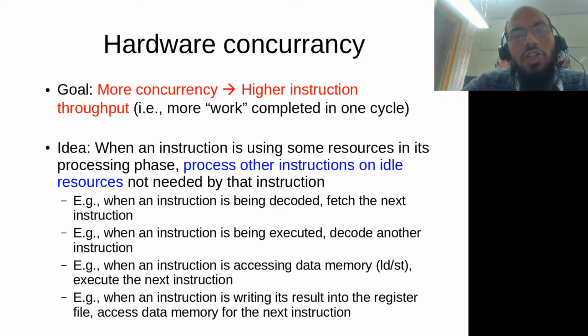So when an instruction is using some resources in its processing phase, you can process other instructions on the idle resources. If right now you're doing execution and fetch is empty, then why not just start fetching? So when an instruction is being decoded, fetch the next instruction. When an instruction is being executed, decode and fetch another instruction, and so on.